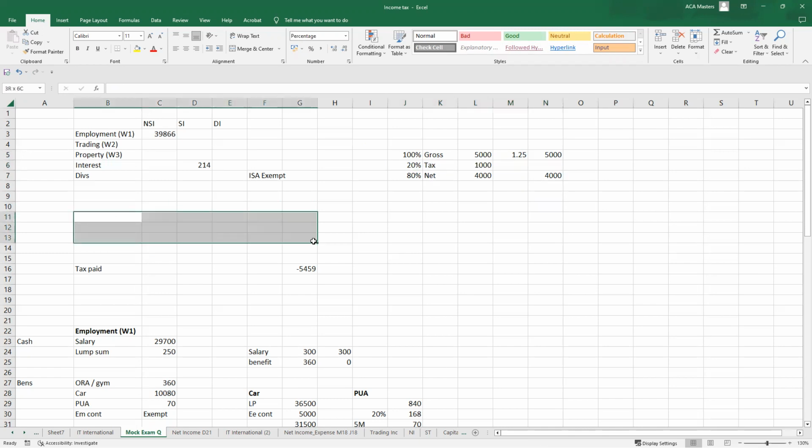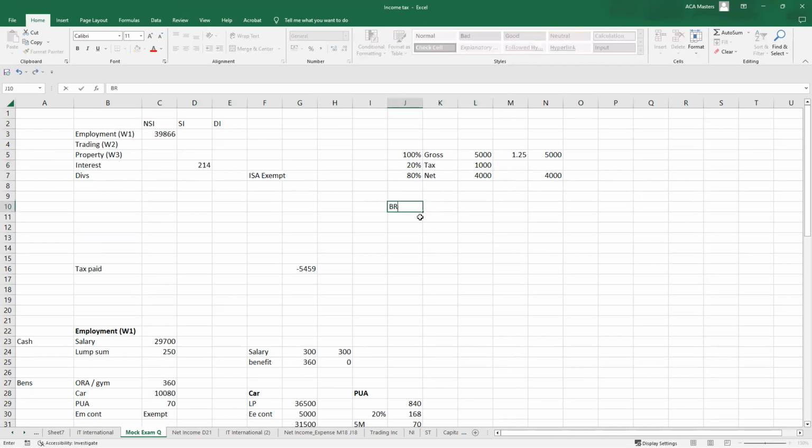But of course, if he's a higher rate taxpayer, then he needs to be given tax relief for the additional amount as well. Because when you contribute to a workplace pension, you deduct it from the employment income, so it's saving tax at your highest tax rate. This is just giving tax relief at 20%. So what we also do is extend the basic rate band. We've got the basic rate band, whatever it is, relevant to your exam, and then we increase it.